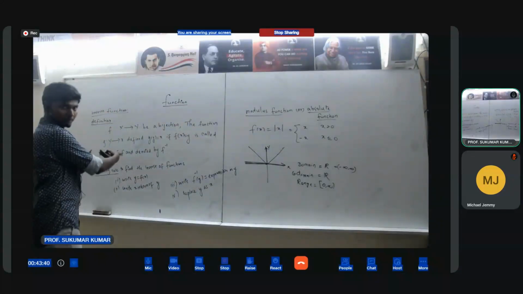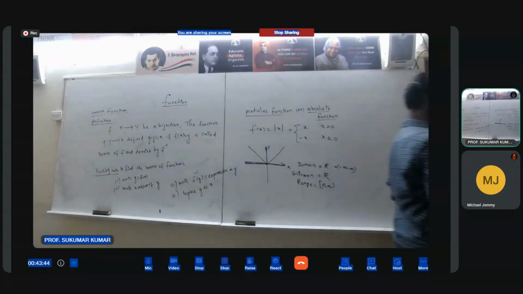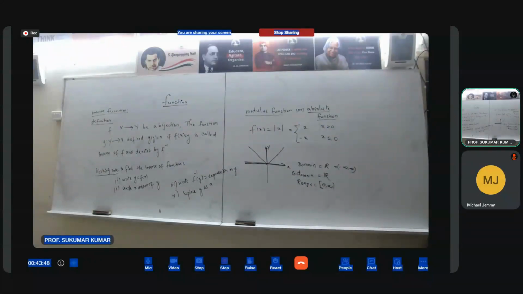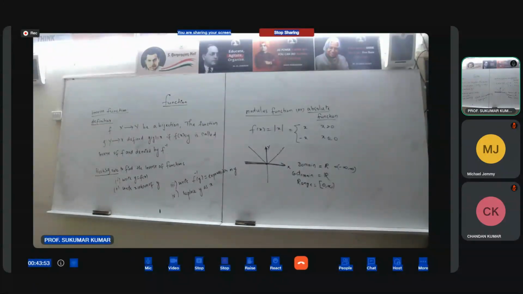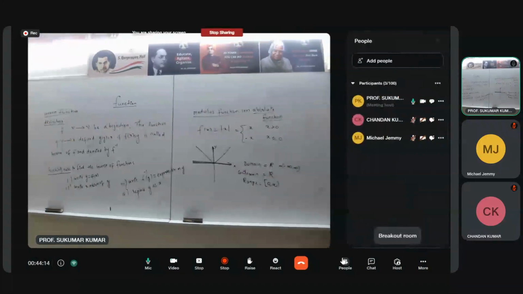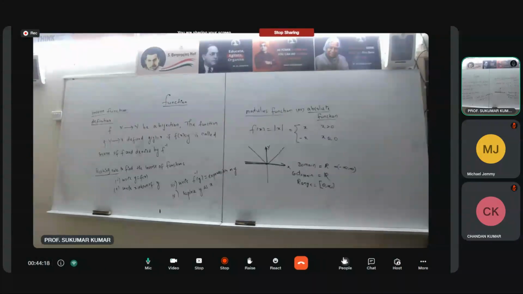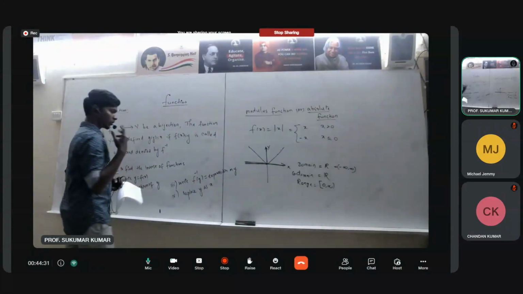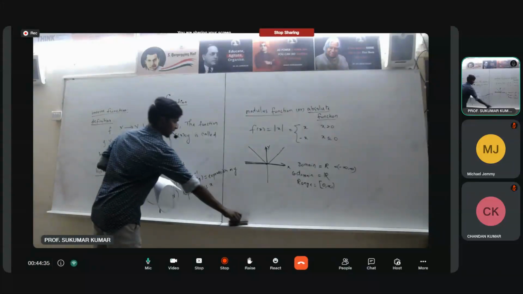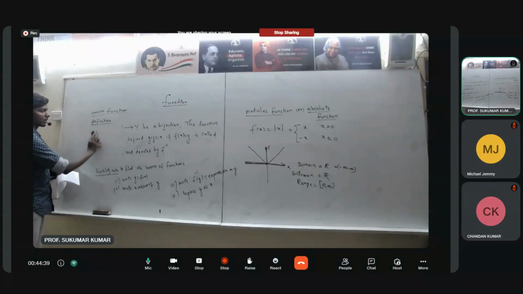Is it copied? Okay, we have seen what is one-one and what is onto, and we know the basic rules about one-one and onto.